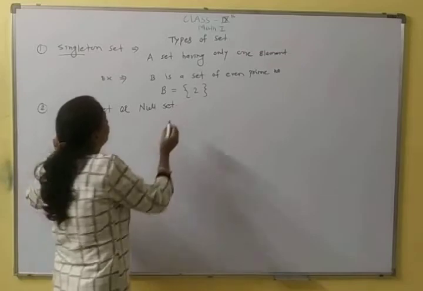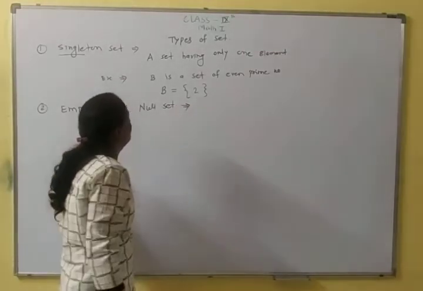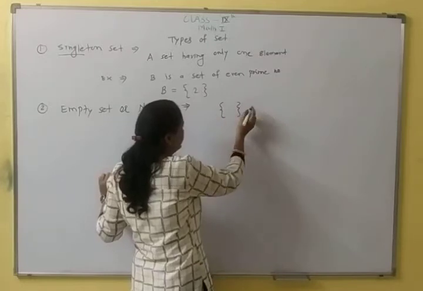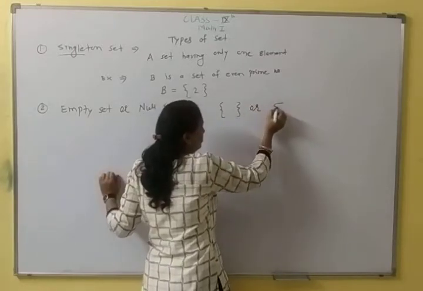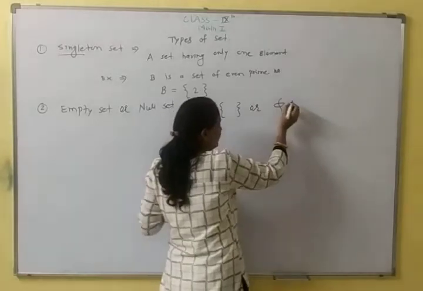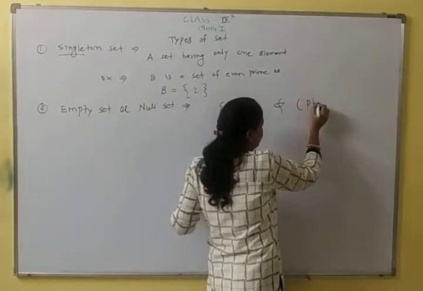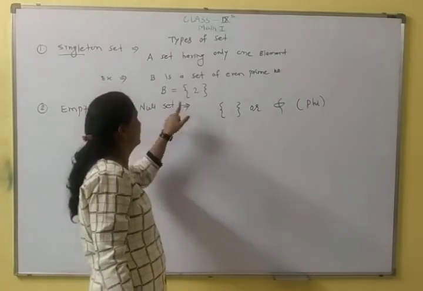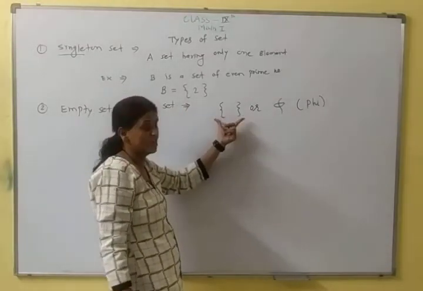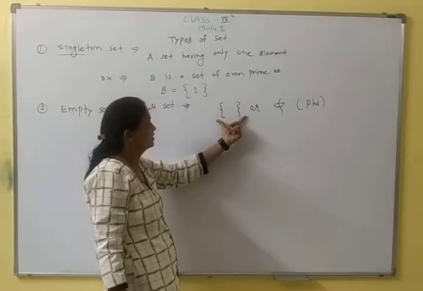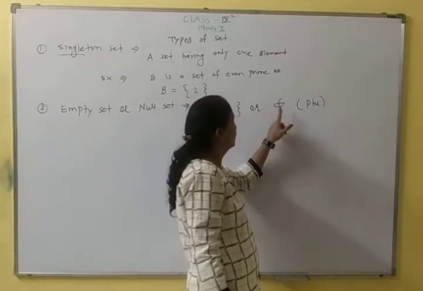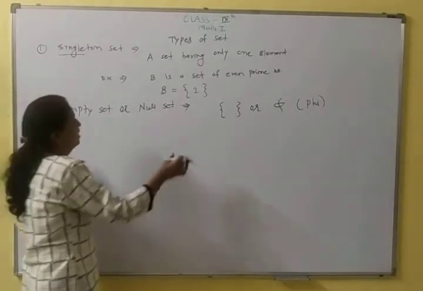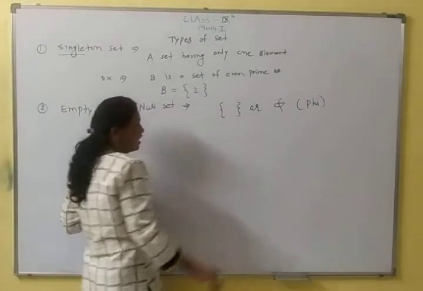Empty set or null set is denoted by this sign, empty curly brackets, or this sign phi, and it is read as phi. This sign is also used to denote the empty set.